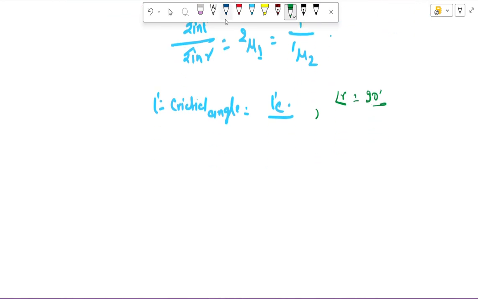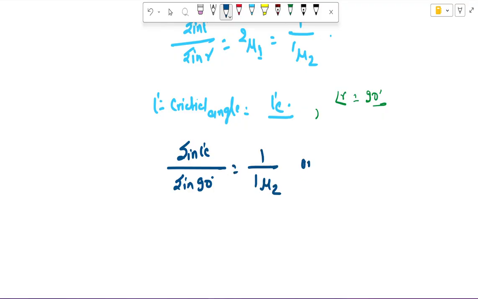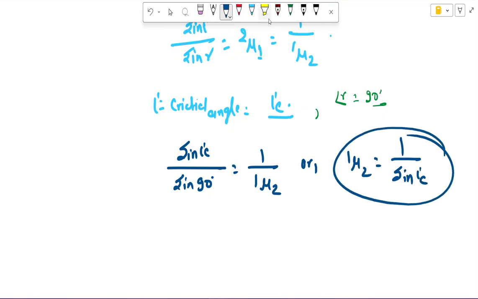Putting in both values, sin of the critical angle divided by sin 90 degrees equals 1 divided by 1 mu 2. So we get mu equals 1 by sin of the critical angle.